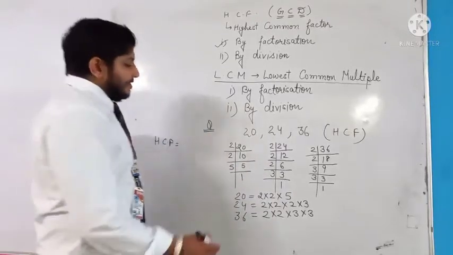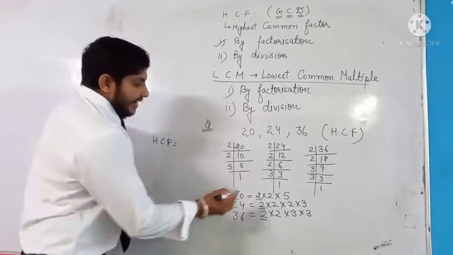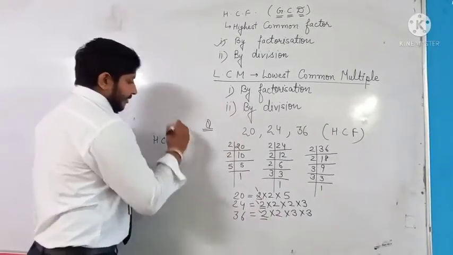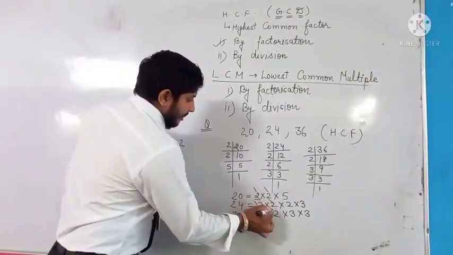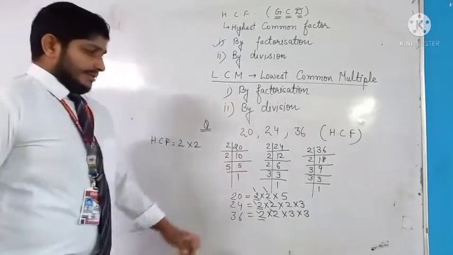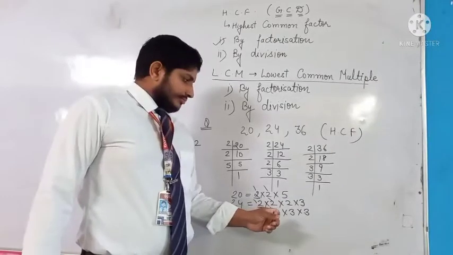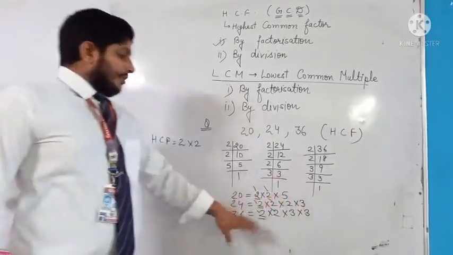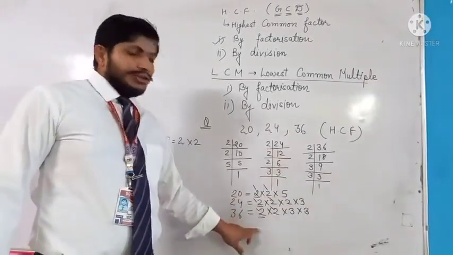The common digit in all, that we take one time. 2 is here, 2 is here, 2 is here, so we take one 2. Then 2 is here, 2 is here, 2 is here, then we take another 2. Then here 3, but not in the first, so we will not take it. The remaining digit that is common in all these 3. If 3 terms are given, then common in all 3.